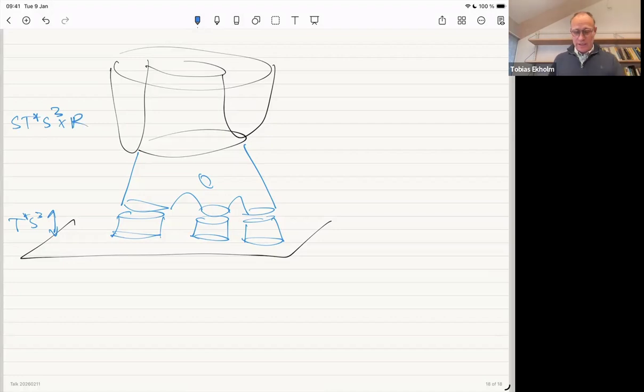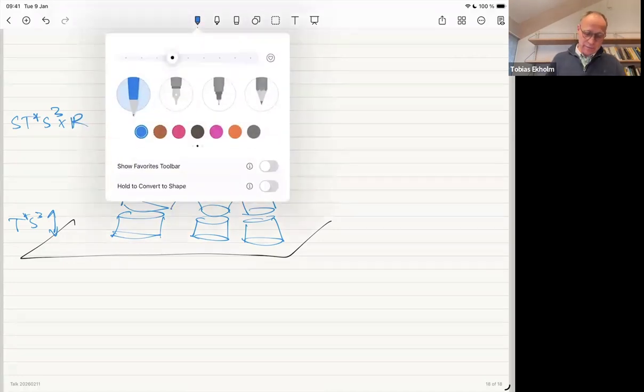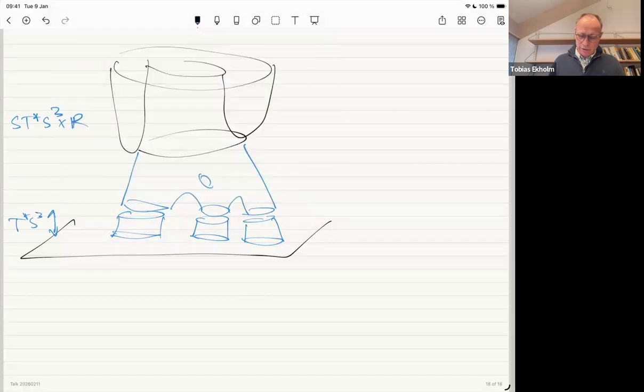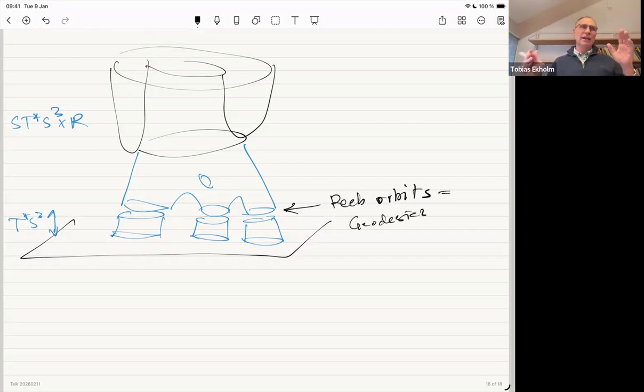And then there is basically the same Riemann-Roch formula that says that these are Reeb orbits of some contact form, but we can take the contact form of the round metric. So they are the same thing as geodesics of the round metric. And the index, the dimension formula of these ones, is the same as their index as geodesics.